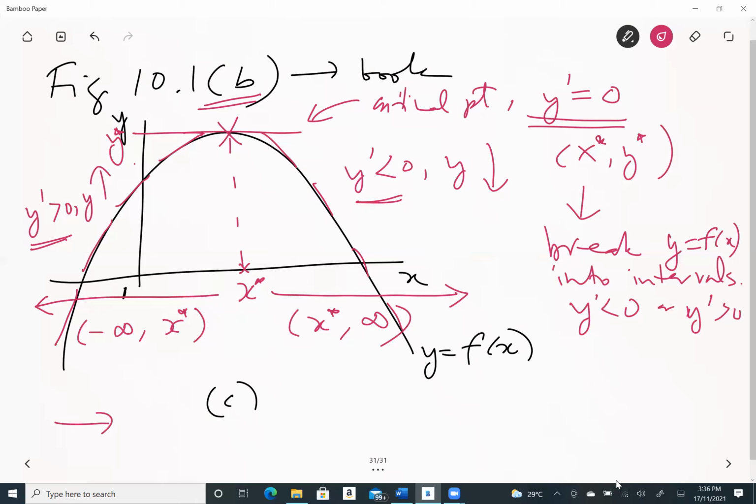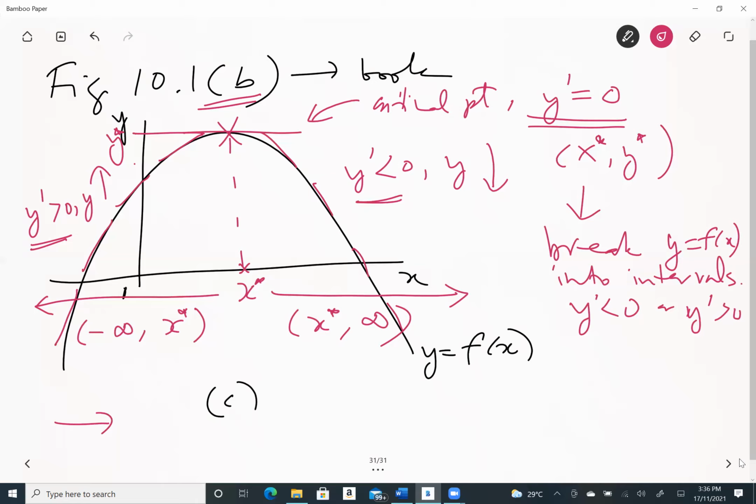On the left, y prime is negative, is that right?